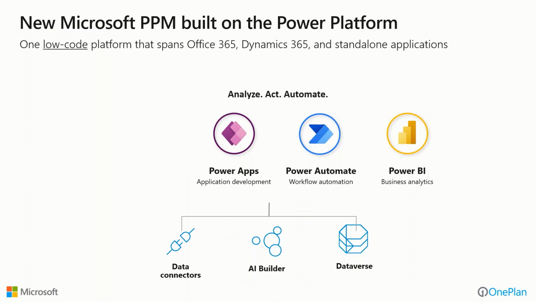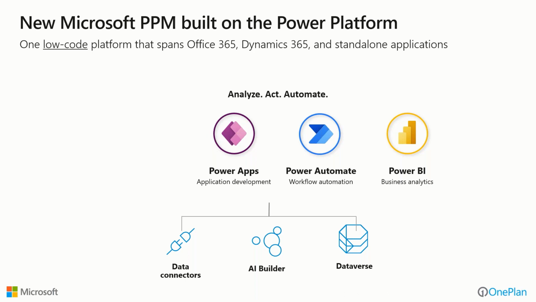So the new Microsoft PPM is built on the Power Platform, and some of us are familiar with a lot of components of this already. Many organizations are already using Power BI for a number of different things. Some are using Power Automate to do workflows and process automation. Powerapps is the low-code, no-code platform to build apps that are available. And by the way, the Project Powerapp is actually built in Powerapps.